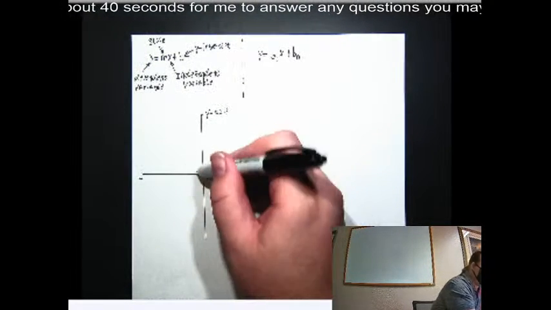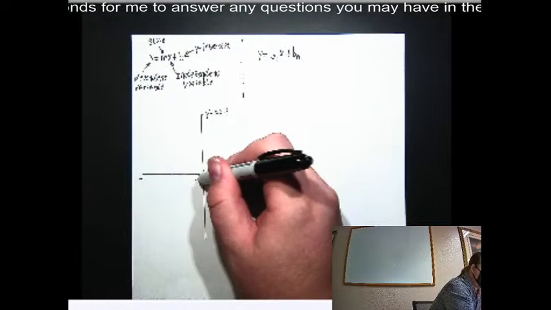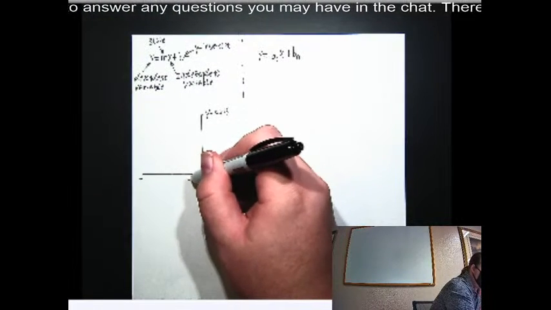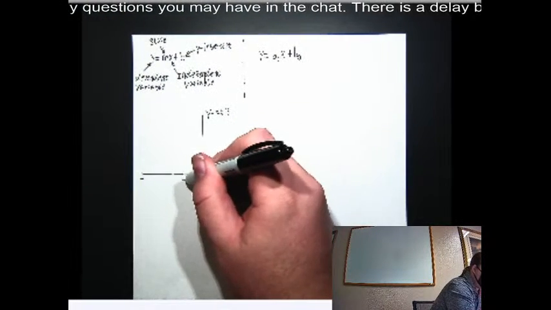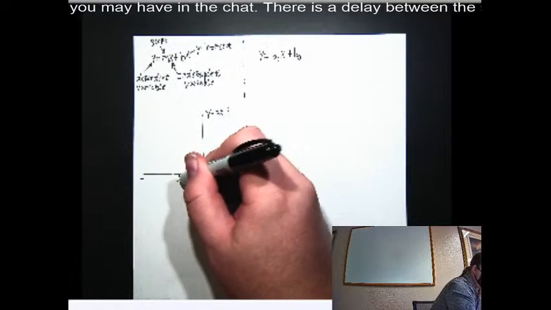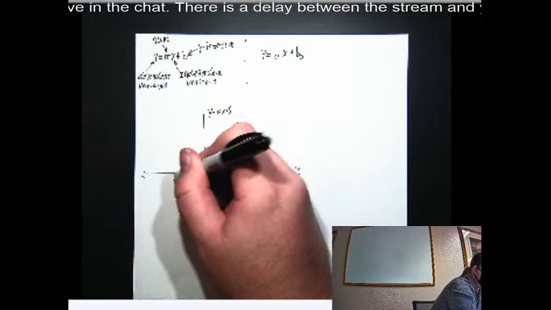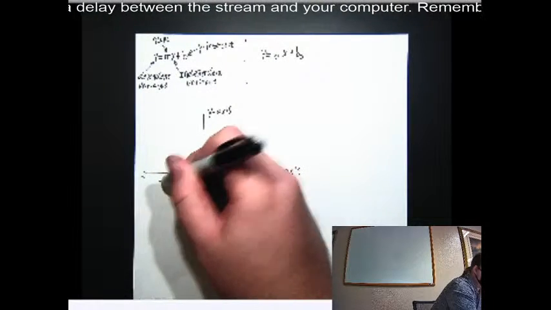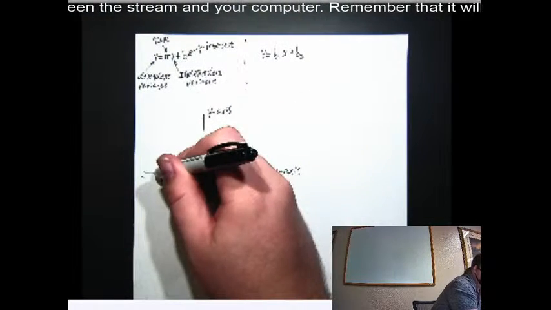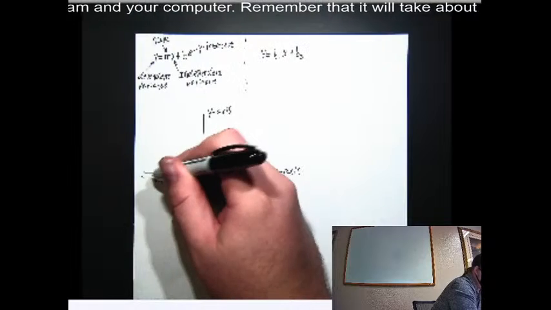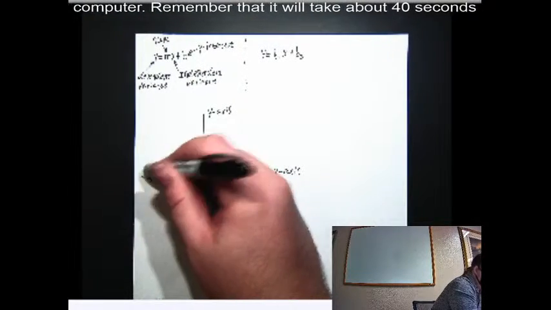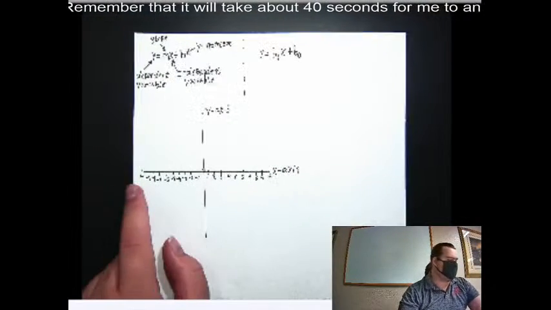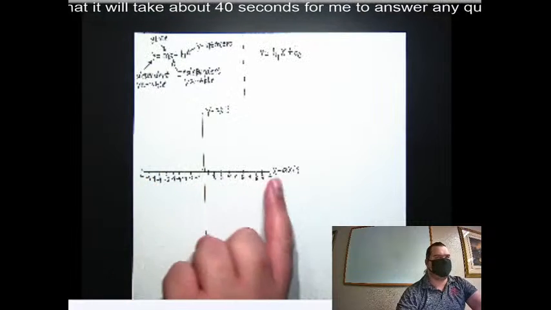And then on the other side, negative 1, negative 2, negative 3, negative 4, negative 5, negative 6, negative 7, negative 8, negative 9, and the last one is negative 10. Again, it's just a number line, so from negative 10 to positive 10.